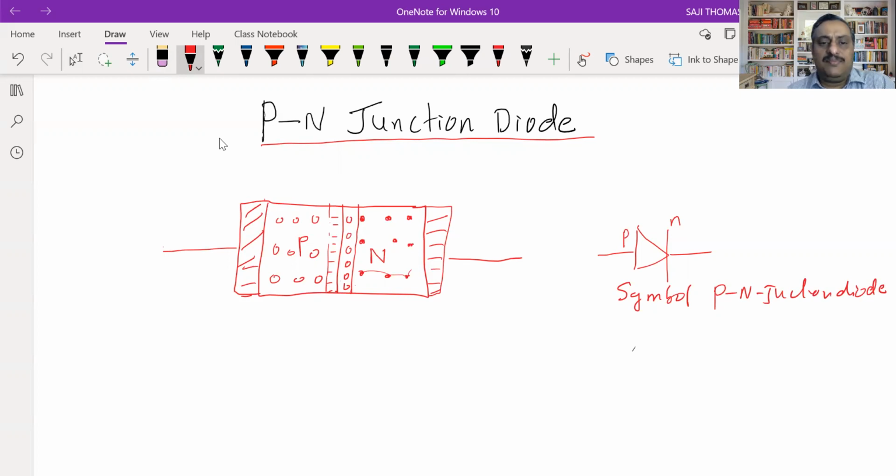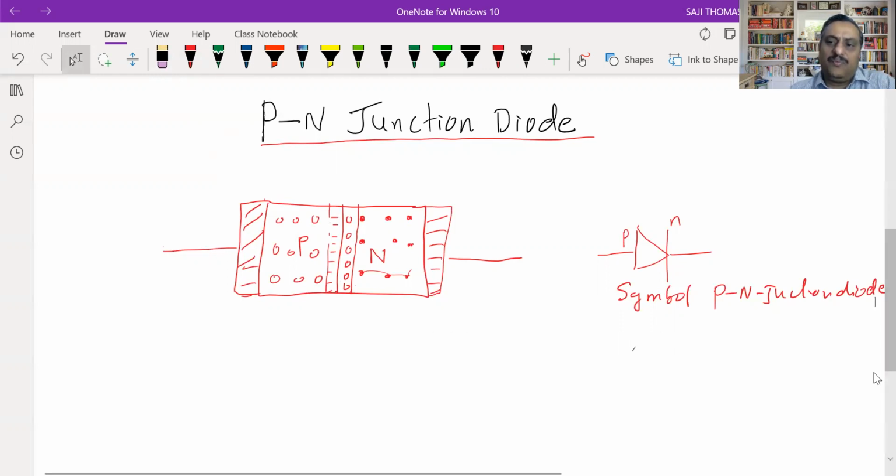So, dear children, what is a PN junction diode? It is basically a PN junction with the metal terminals or metallic contacts provided at its ends. It will conduct only in one direction. And we know what is depletion region and a potential barrier.